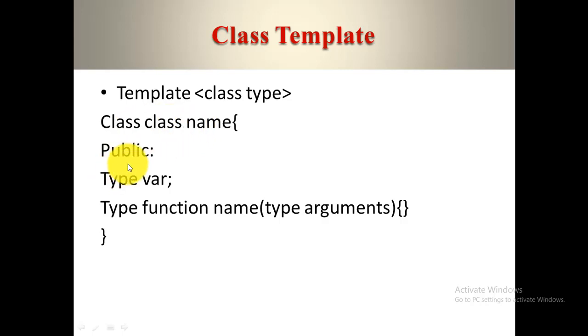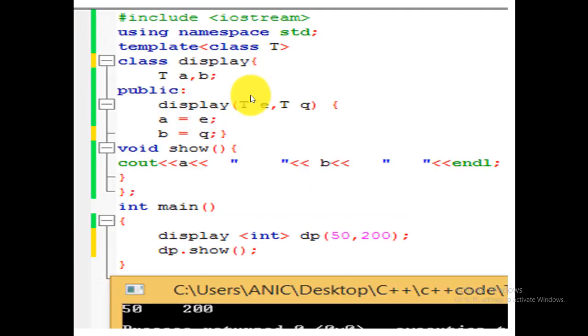In the public section, we define the variable of the same type as we pass to the template. And again, we define the function whose return type would be the same as the class type, and then the function name, and then the arguments would be of the same type as the template type. Let's understand it with an example.